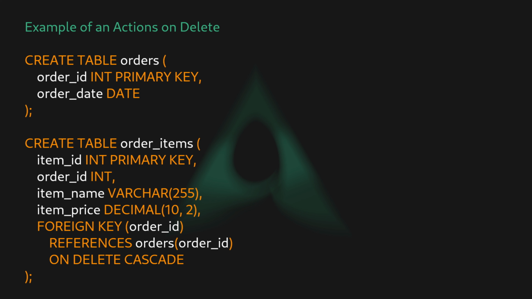In this case, we can type on delete cascade, just the last line of this screen. This means that when we delete a record with order_id 1 from the orders table, the same record with the same order_id on the order_items table will be deleted.